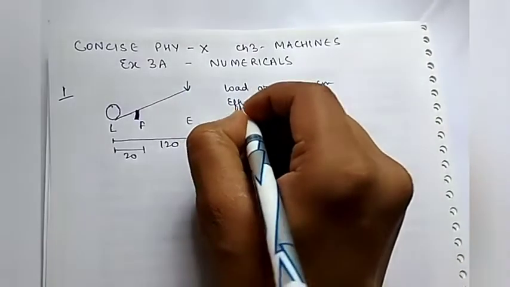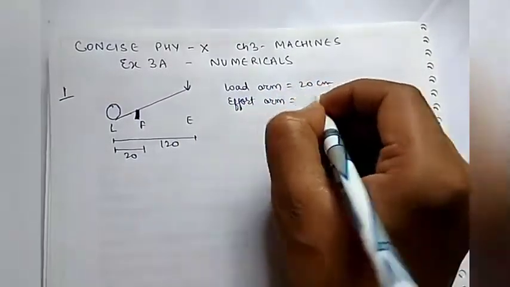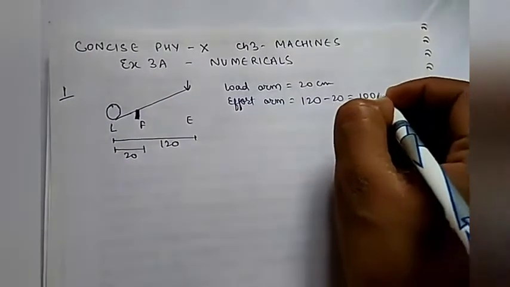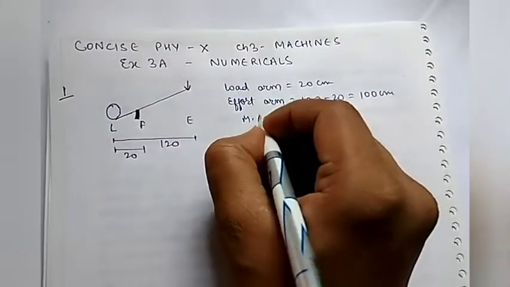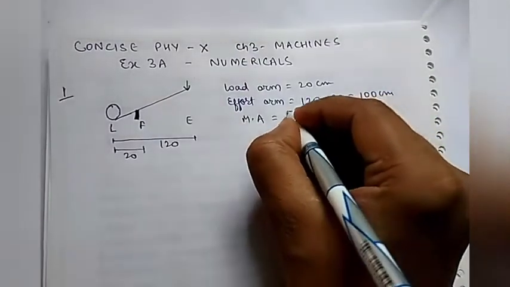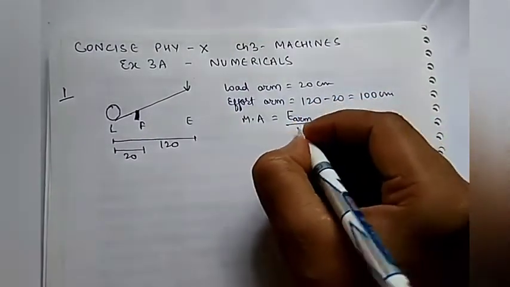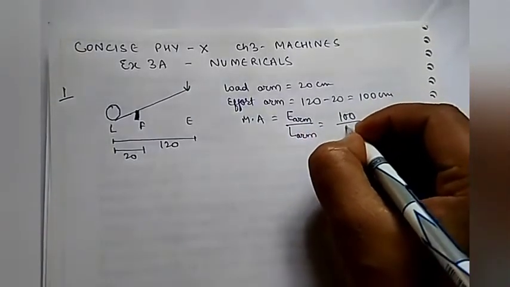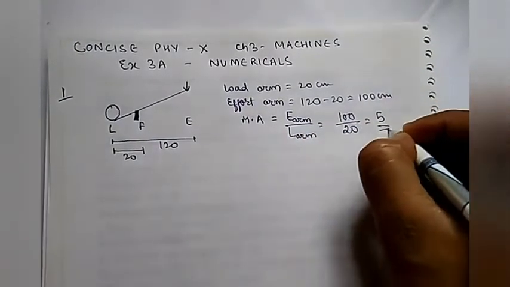Effort arm will be equal to 120, that is the total length, minus 20, that is 100 centimeter. So mechanical advantage of the crowbar is equal to effort arm by load arm, that is 100 by 20, equal to 5.